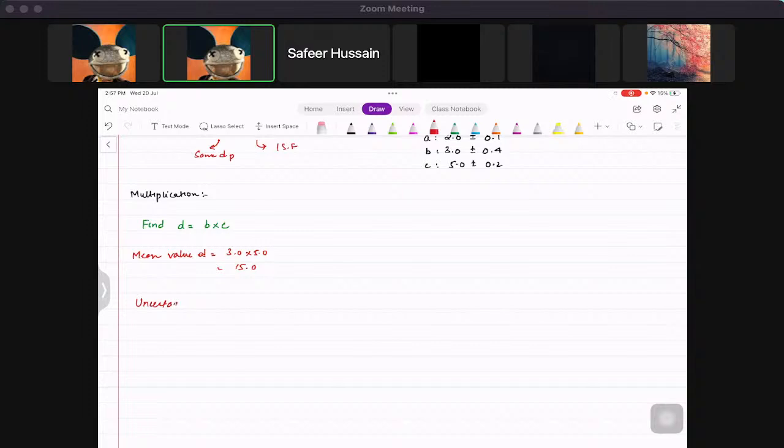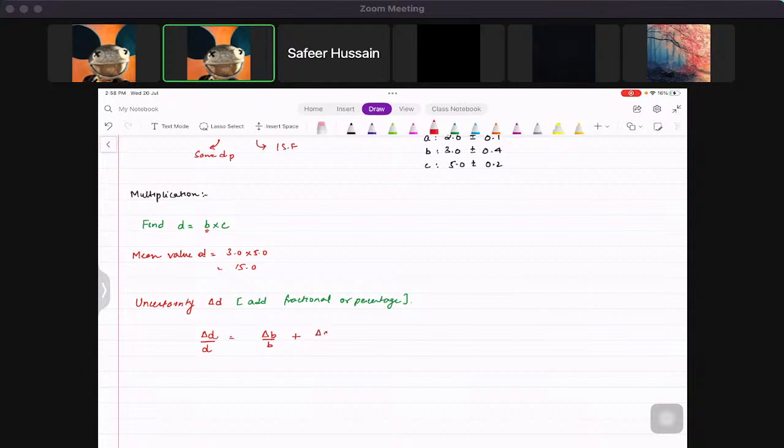What you need to do is, uncertainty delta D would be found using add fractional uncertainties, fractional or percentage, whatever is given or you want to do it, it doesn't really matter. So let's check. What you're going to write is the uncertainty in D upon D will be equal to, the first variable was B, so uncertainty in B over B, the second variable was this, so add it up with delta C over C.